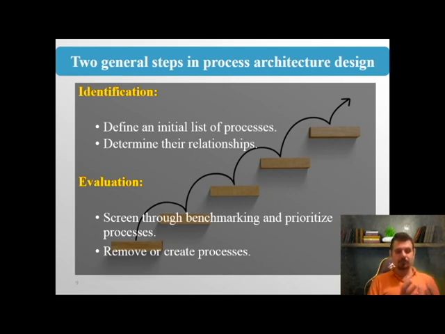Also, you align processes with strategy and enterprise architecture, which can lead to removing some processes because some processes don't support your strategic goal. So these processes were probably created 10 years ago, and nowadays are still working, but you can remove them because our goals have changed.